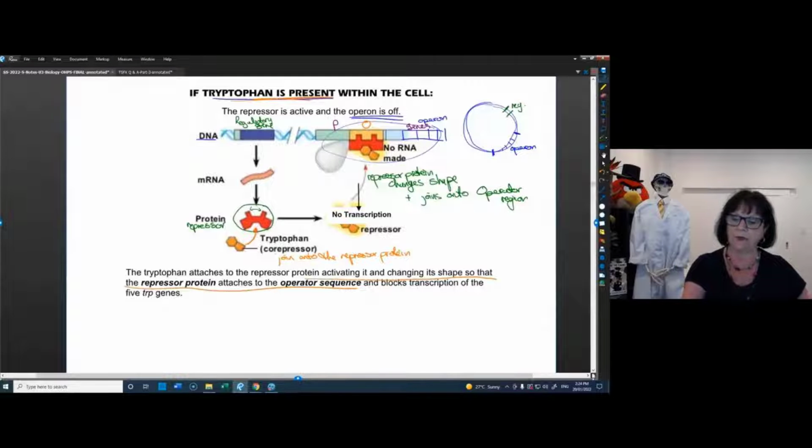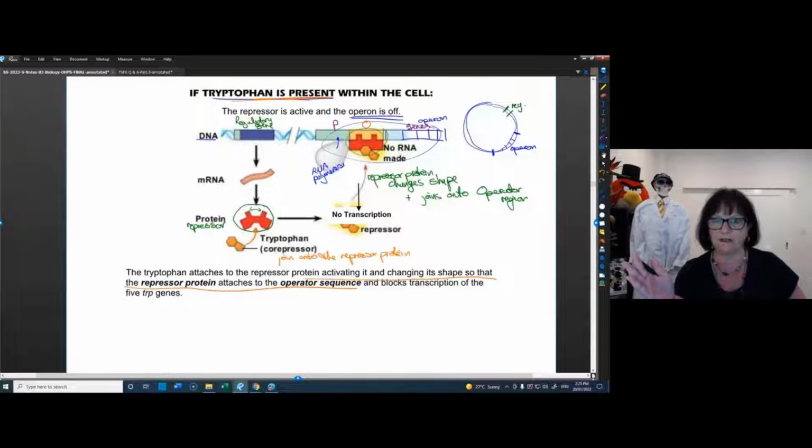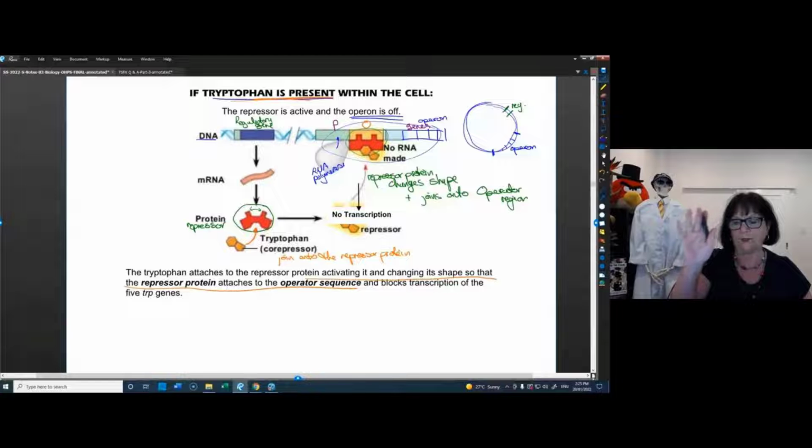So here we have our repressor protein attached to the operator. And if you have a look, the RNA polymerase, which is this grey bubble, which is on the promoter region, it cannot move across to transcribe the genes. The repressor protein has blocked its pathway.